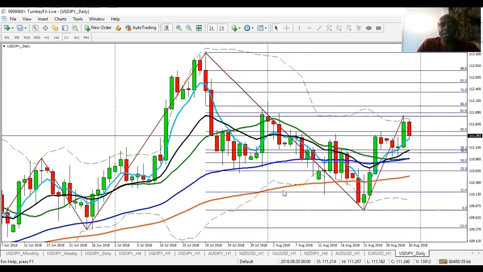So I'll draw that in, and now what I need to do is identify my resistance zones. First of all, I draw a horizontal. You see where the 20 Bollinger Band, the center line, crosses over into August, which crosses this separator line, July, August.